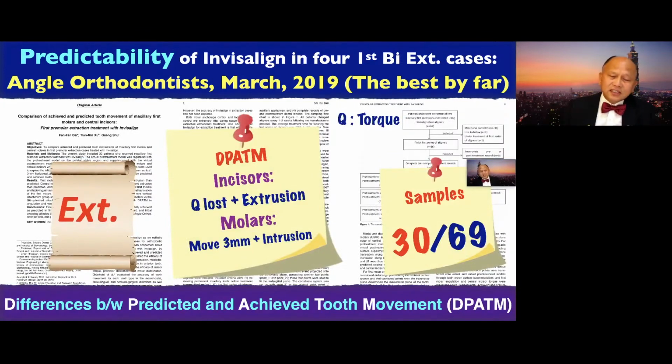In this article, they conclude that the difference between ClinCheck and the real result in the patient's mouth is, for the incisor, torque loss, where Q stands for torque, and extrusion as well.